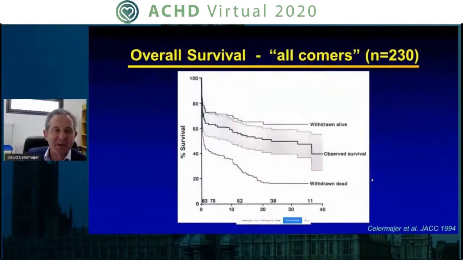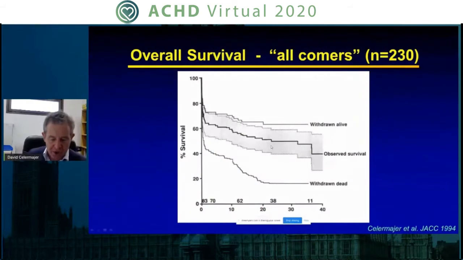So here's the seminal work that I did while I was working for John Deanfield in Great Ormond Street in London in the mid-1990s. And this is a very interesting survival curve because you'll see in a moment it hides a great deal of information in this rather singular survival curve, suggesting that the survival from the time of detection of Ebstein's anomaly is a median of 25 years.